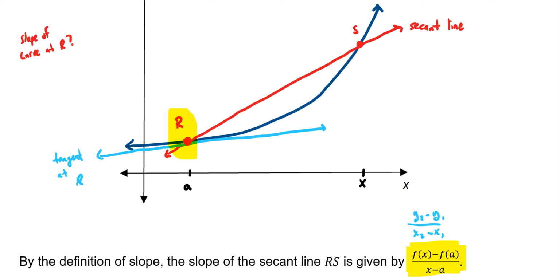We're going to keep R the same, and then we're going to take point S and move point S closer and closer to point R. That's the reasoning why I'm keeping this as an x, because it's still going to be a variable.